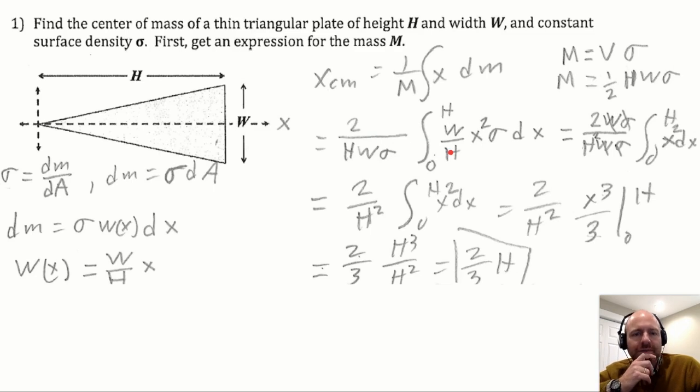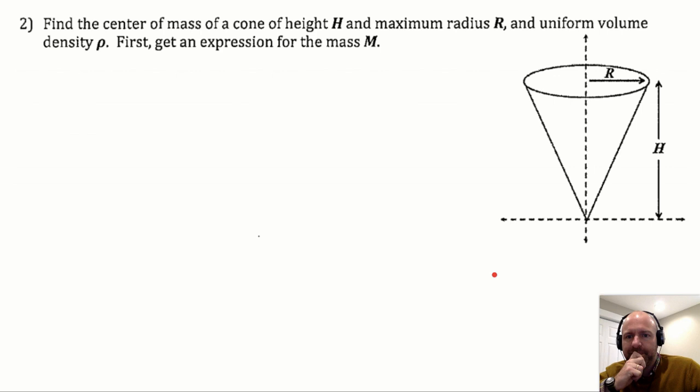We're integrating from 0 to h of what we substituted in for dm, and we still have that x term in there, so we now end up with an x squared. We integrate from 0 to h, we solve, and we find out that our center of mass is at 2/3 the height of this object, or of h.